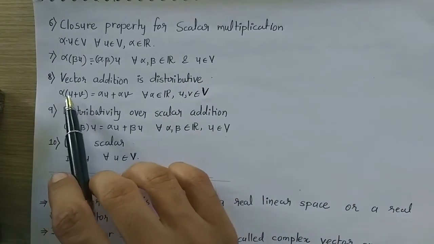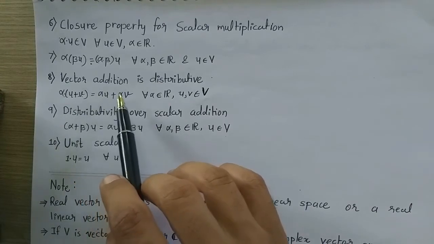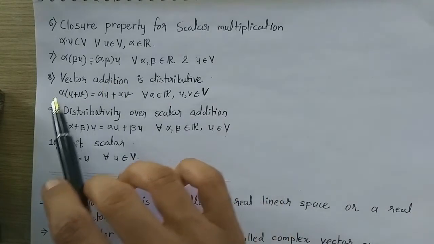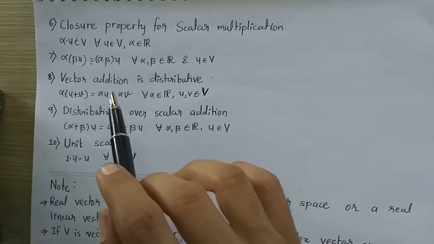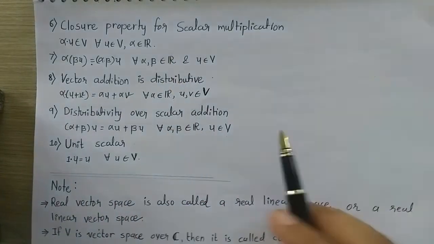That means alpha dot (u plus v) is equal to alpha dot u plus alpha dot v. For the sake of simplicity, if we do not write the dot in multiplication, then it is obvious.